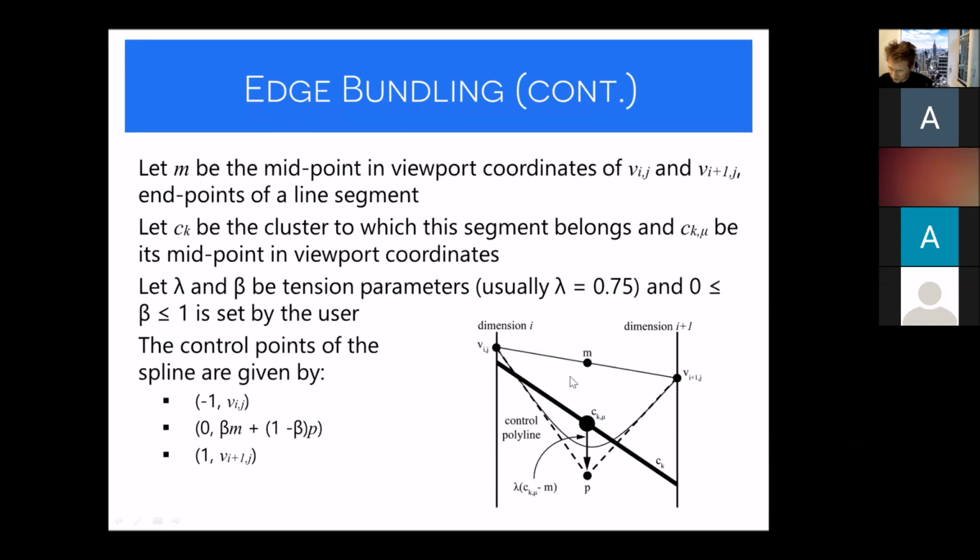You try to warp this M here, this midpoint, down, defined by this spline function. These are control points. This is a control point. This is another control point, and the midpoint is another control point. And then basically you try to control the curvature of this curve here by these control points here.